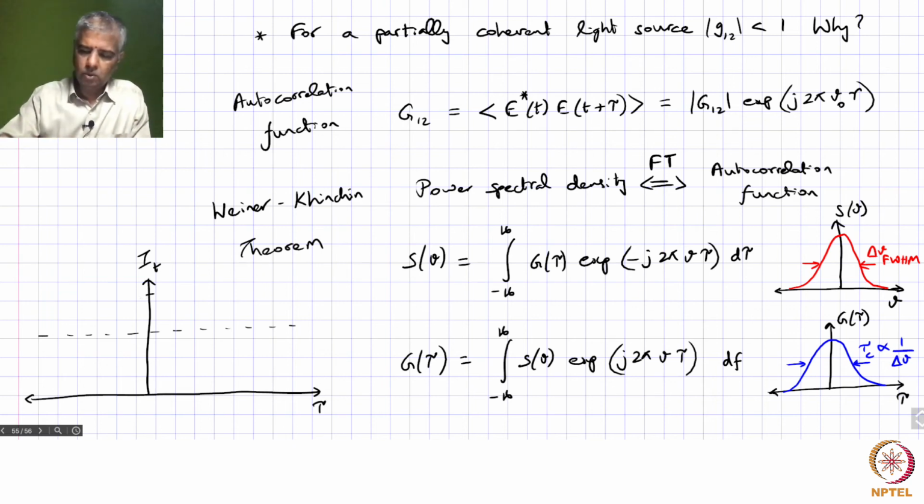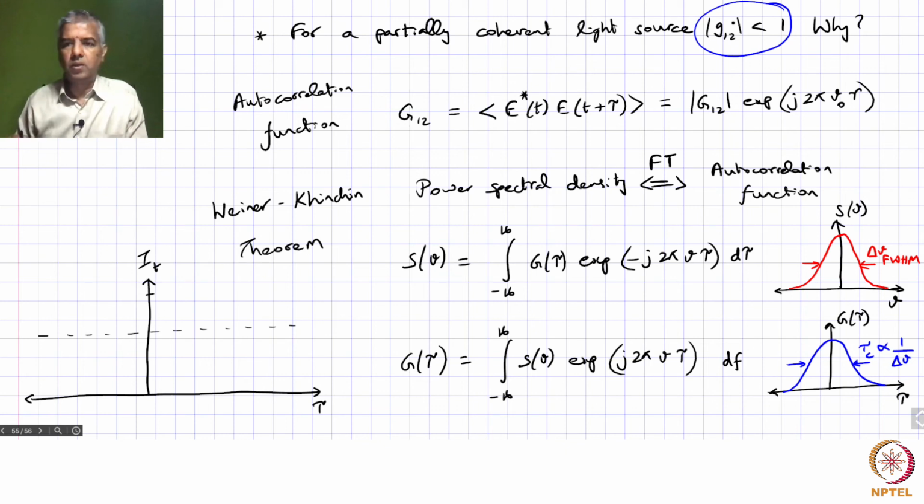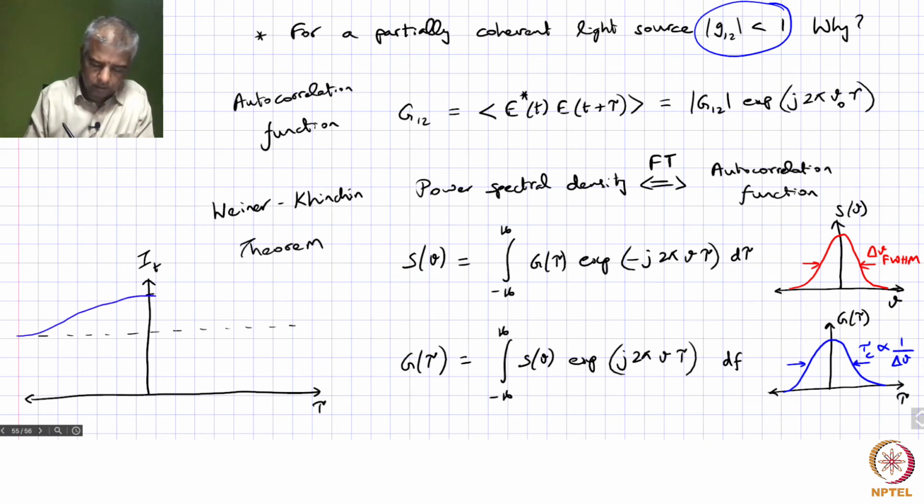Okay. But now what we are saying is, since you are looking at a partially coherent source, G12 less than 1, then you are not going to have interference forever. So, you would essentially have interference only over this region.